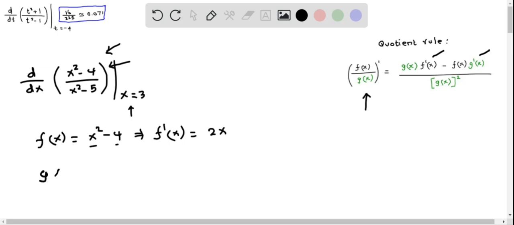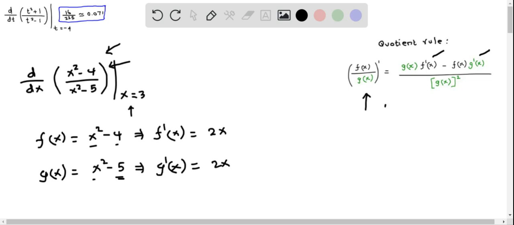And now we consider the denominator function as g of x. So therefore g of x equals x squared minus 5, and this implies we can find its derivative, that is g prime of x, and this equals 2x, because the derivative of x squared is 2x using the power rule. Also, the derivative of a constant is 0, so it just becomes 2x.